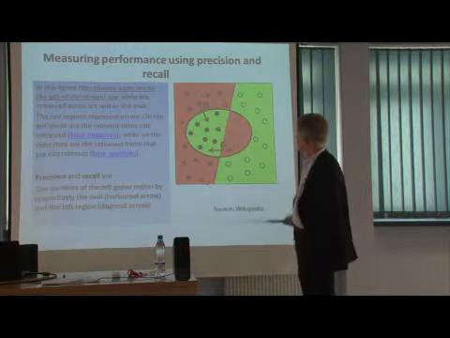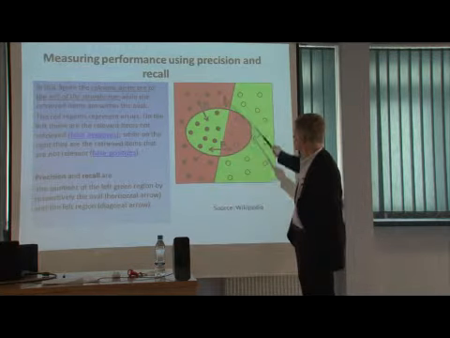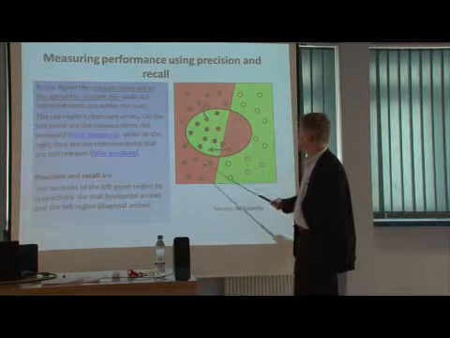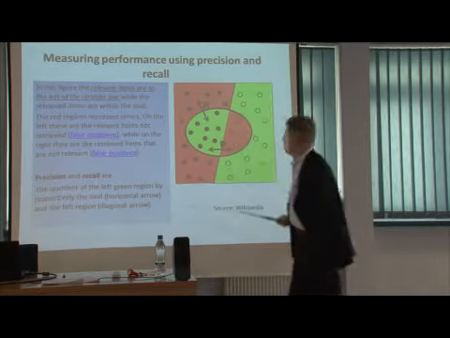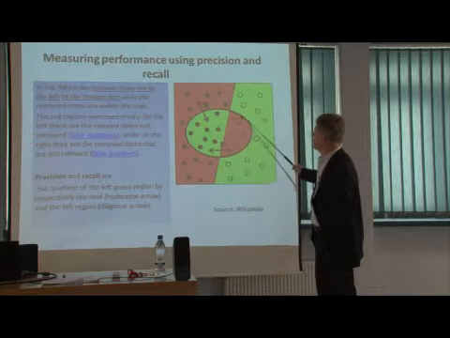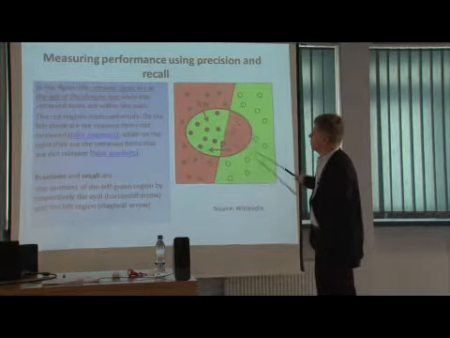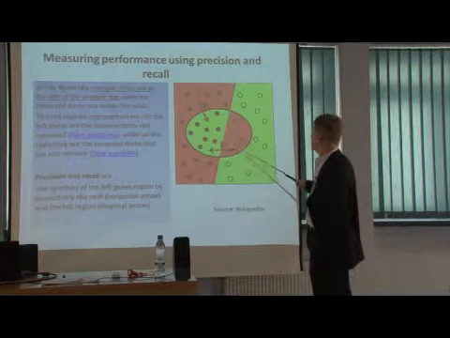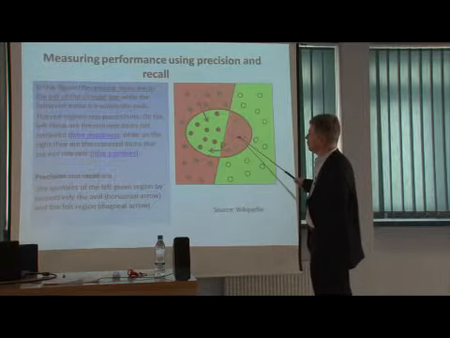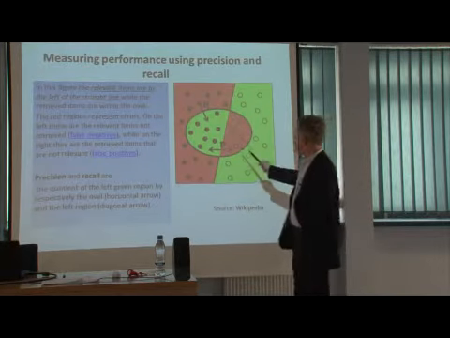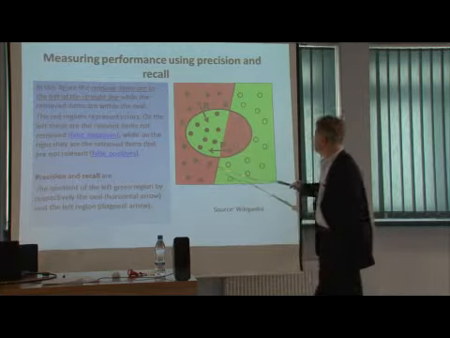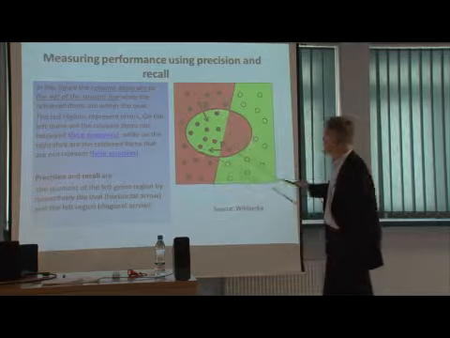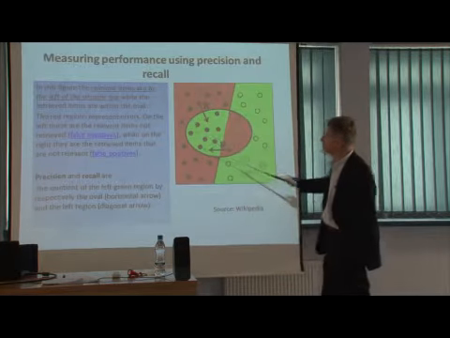On the left of the line, these are relevant documents which were not found. So these are called false negatives. On the right, we have things that have been retrieved but which are not relevant, which are false positives. So we have false negatives here and false positives here. This is the stuff that got retrieved, yes?